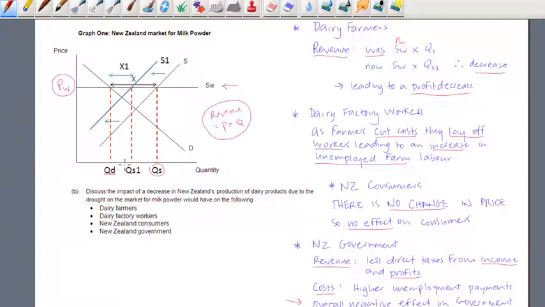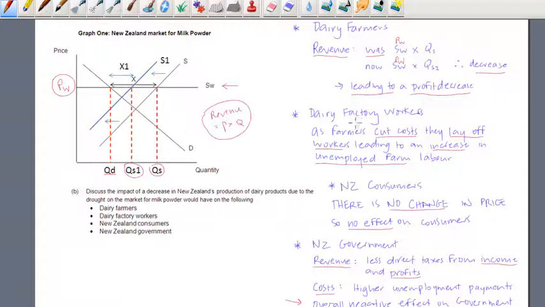After the shift in supply, they are now only supplying QS1. As I said before, the price hasn't changed, so they're now generating revenue of PW multiplied by QS1, which is clearly a decrease in revenue. So farmers' revenues will decrease, leading to a profit decrease.